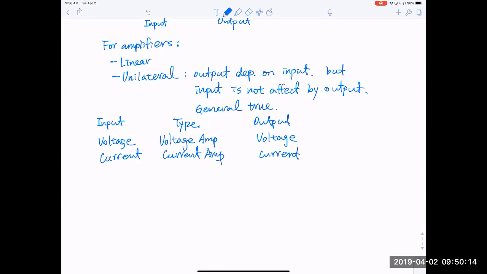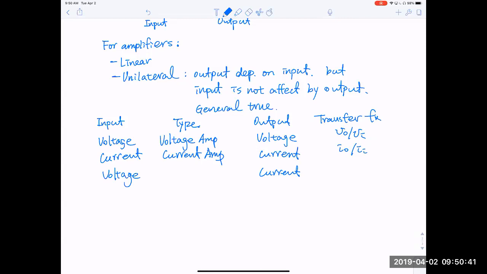If the input is voltage and output is current, then we end up having a crossing. So you think of the transfer functions. For the voltage amplifier this will be VO over VI. Here it will be IO over II.